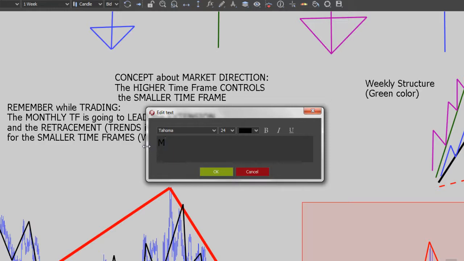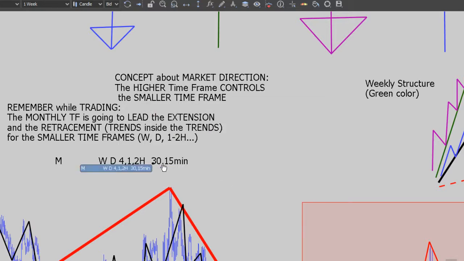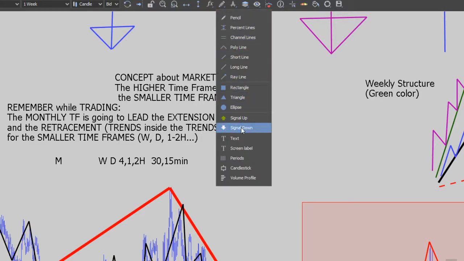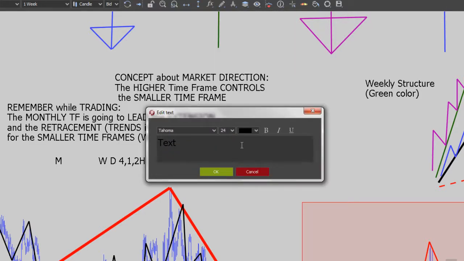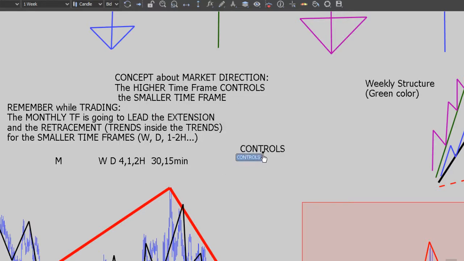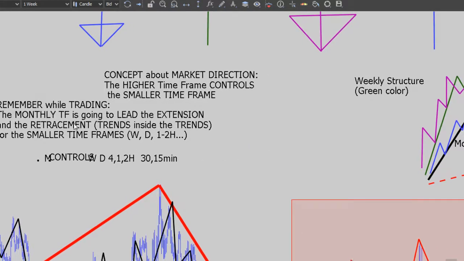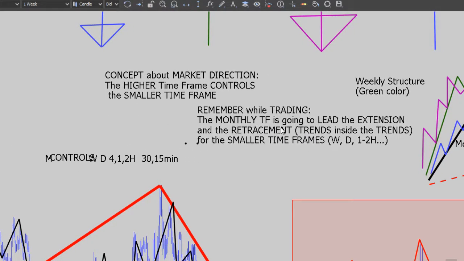Monthly chart controls the weekly, daily, 1 and 2 hours, and 15-minute chart. Okay, let's put it like this. This is 1, and we need the word controls. When we're talking about trading, everybody, let's put it in here.